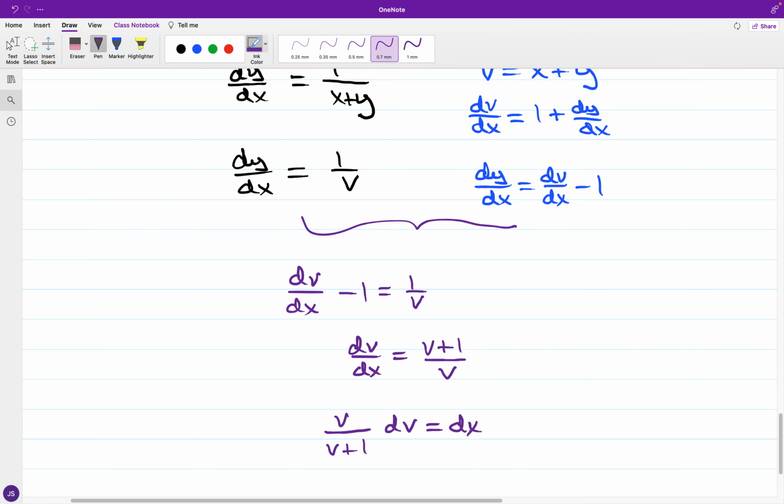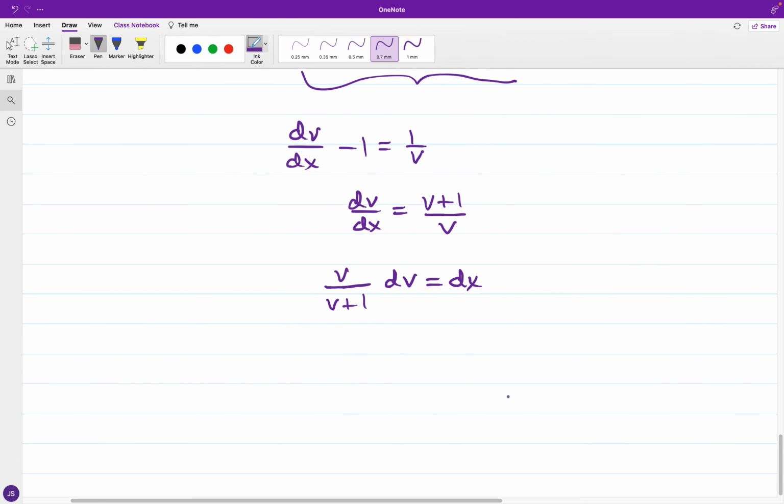is equal to dx. For v over v plus 1, think of it like adding 1 and subtracting 1.